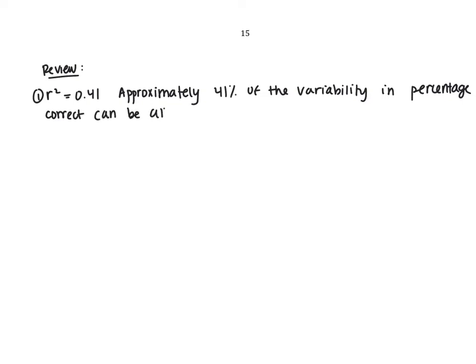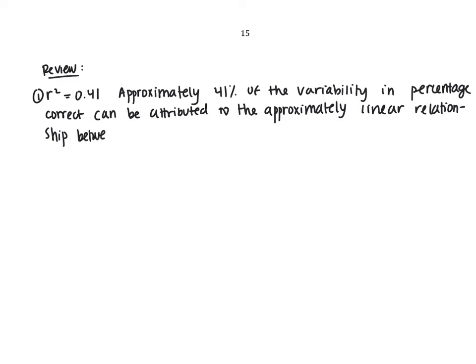Approximately 41% of the variability in percentage correct can be attributed to the approximately linear relationship between question number and percent correct.